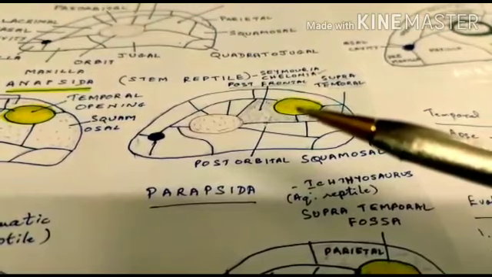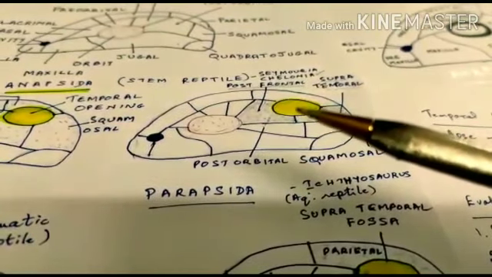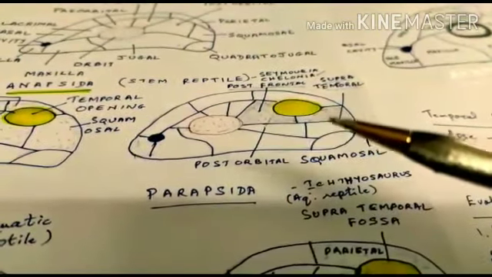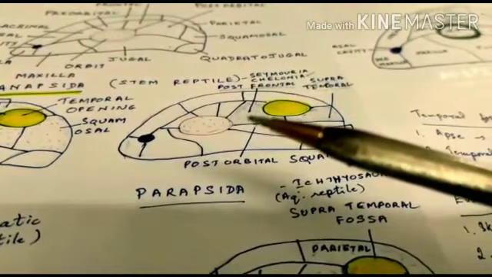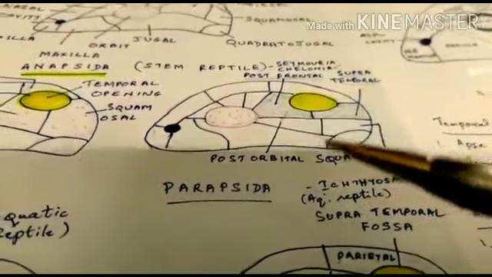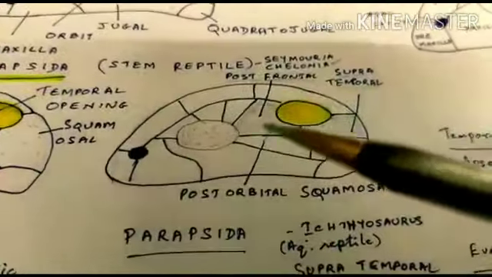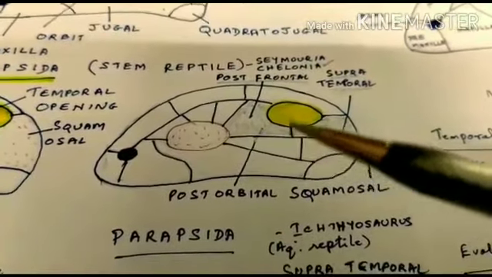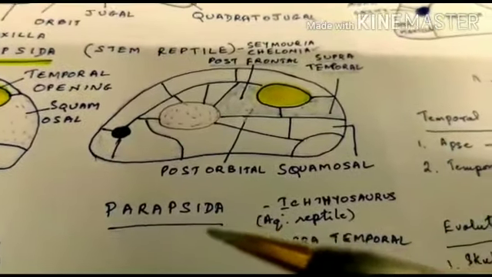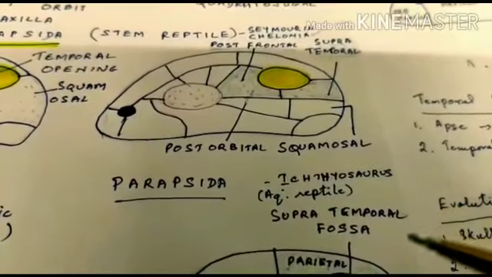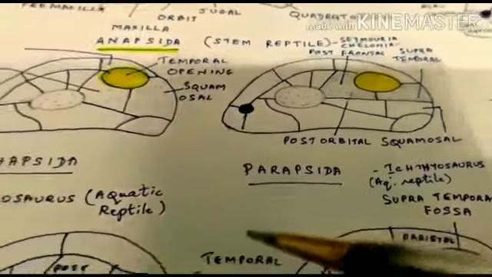So therefore it is called a supratemporal fossa, and it is flanked by 2 bones, that is one is postfrontal and the other is supratemporal. So these 2 bones are the extra bones in case of the parapsid skull. And parapsid skull was found in Ichthyosaurus, that is an aquatic reptile.